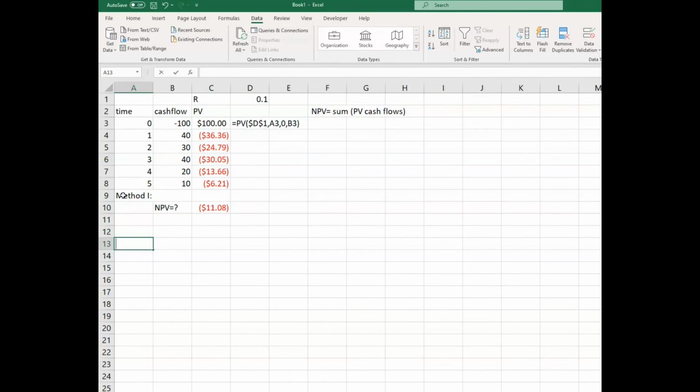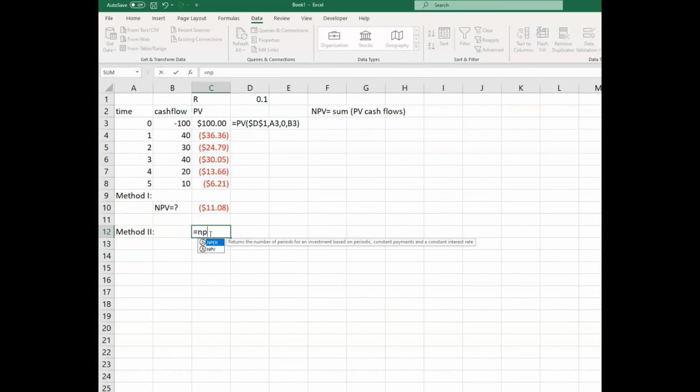Let's look at method 2. For method 2, we apply the NPV function. However, the NPV function is actually not a true NPV function, it's really a PV function, because we can only apply it to future values. Since the 0 is the present value, we can only apply it to the future values.